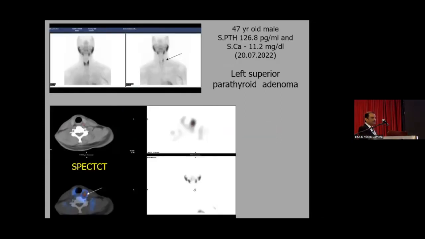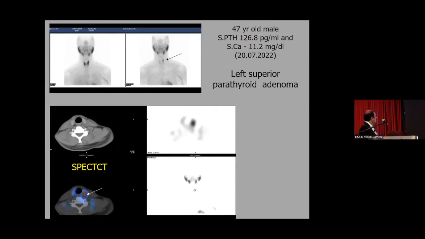So this is a patient who is not really having a clear-cut symptomatic or biochemical hyperparathyroidism. Why? Because it is just relatively higher. The parathormone level is around 126, up to 65 to 75 is the normal, and patient is asymptomatic.